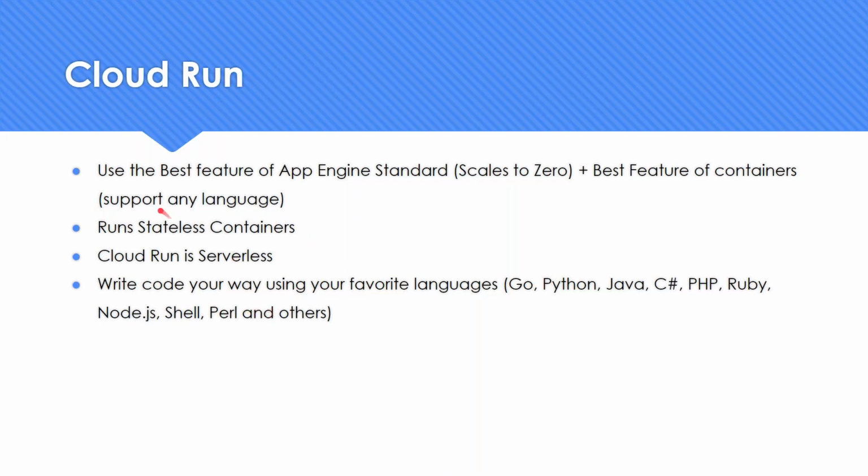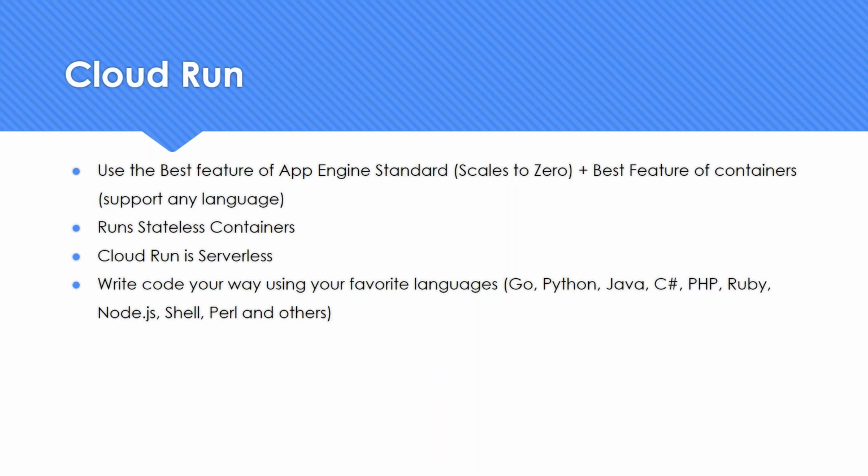So it runs stateless containers, and this is again serverless. You can bring any runtime of your choice: Perl, Lua, any version of your Python, anything. But the only thing is that when you are doing something in Cloud Run, you should have a Dockerfile written. That is the only thing.